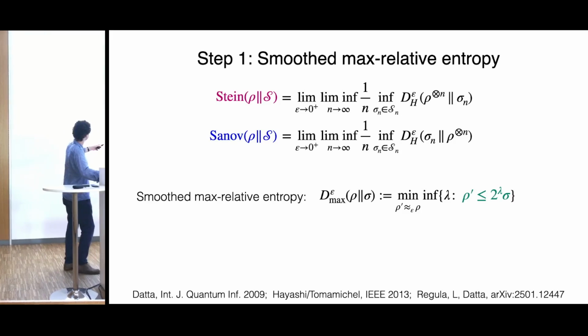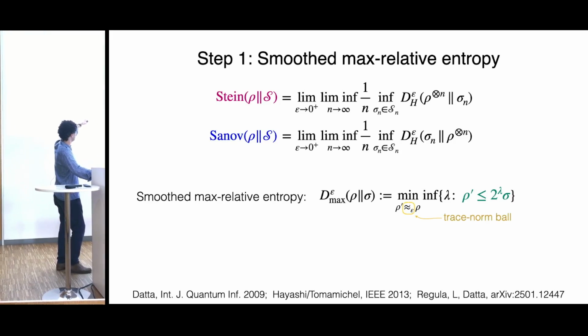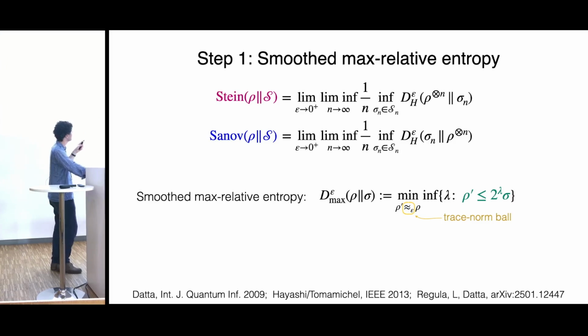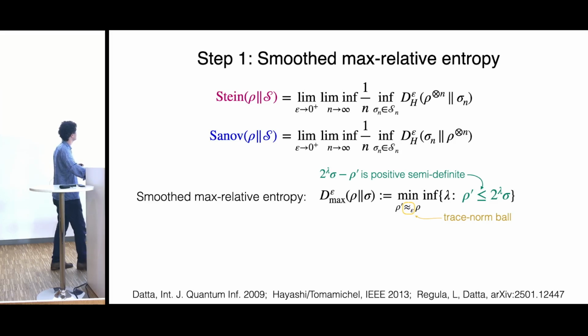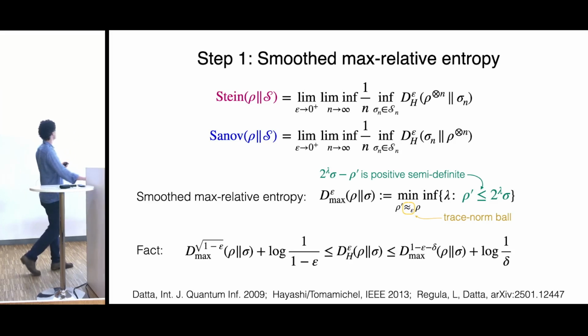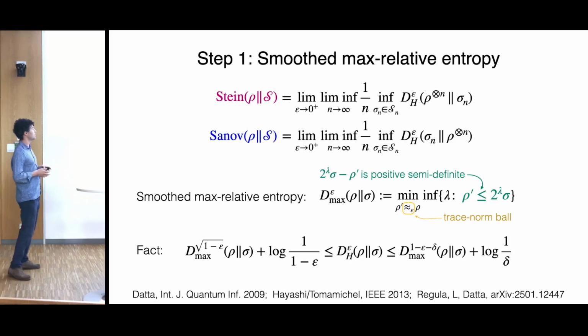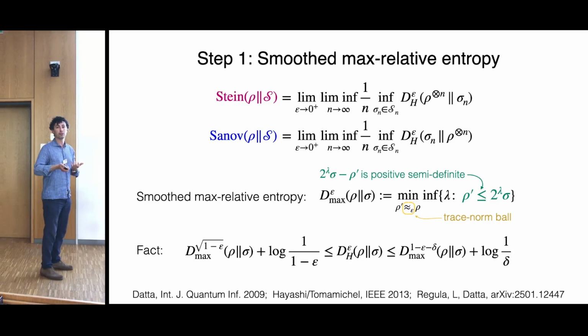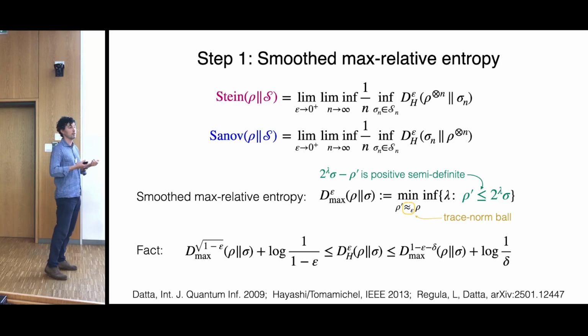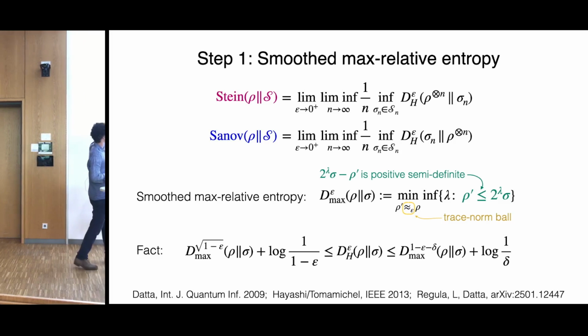So you see, first of all, you're given two states, and you smooth over the first state in the trace norm, and you try to dominate this smoothed version of the first state with a multiple of the second state, in the semi-definite order. Okay, so the miracle here is that the hypothesis testing relative entropy is entirely equivalent to this smoothed max relative entropy if you are willing to change the epsilon.